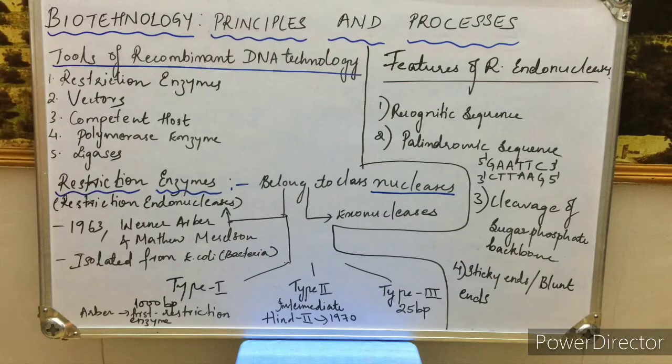DNA is made up of a polynucleotide chain, made up of nucleotides. Each nucleotide has a nitrogenous base linked to a sugar group, which in the case of DNA is a deoxyribose sugar, and that is linked to a phosphate group. Together, it forms one nucleotide, right?